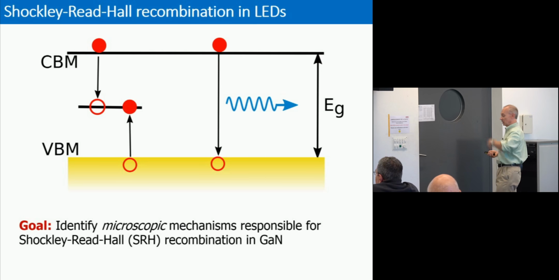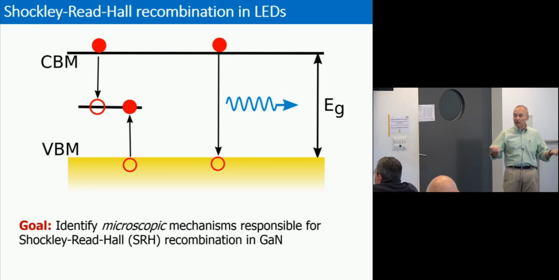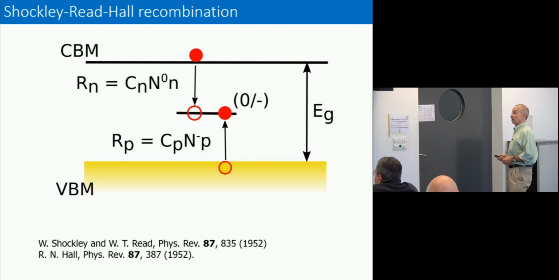Okay, and that's what we focused our efforts on in the last few years, particularly because we are interested in addressing the limitations on efficiency in this very important material, gallium nitride. But what I'm talking about is actually more general.